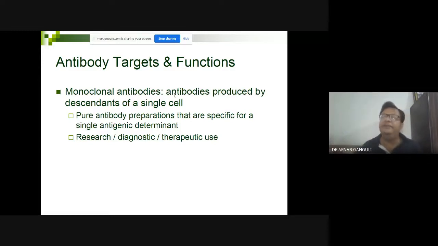Then there are many autoimmune diseases, like myasthenia gravis, where muscle degeneration starts to take place. So what you do is you get an antibody against these self antigens, against the antibodies which are produced.